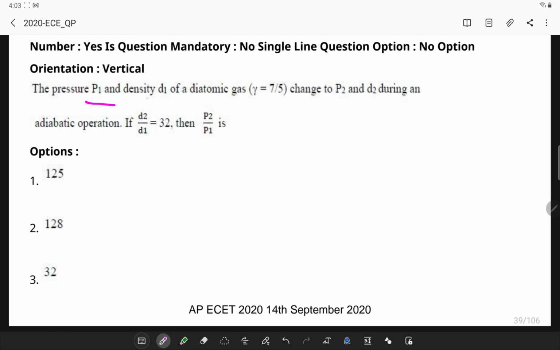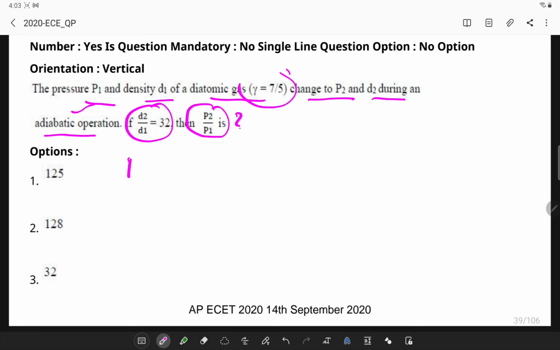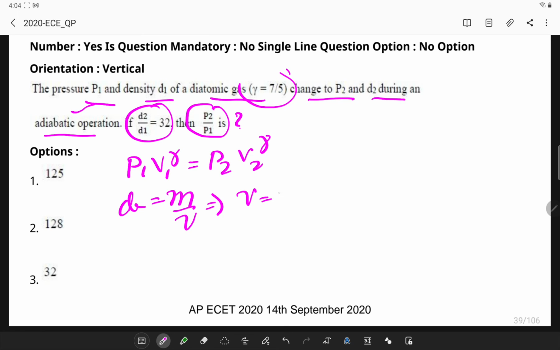Next, the pressure P1 and density D1 of a diatomic gas change to P2 and D2 during an adiabatic process. If D2 by D1 is 32, what is P2 by P1? So as per the adiabatic relation, P1 V1 power gamma is P2 V2 power gamma. We have the density D equal to mass by volume, or I can write V is mass by density.